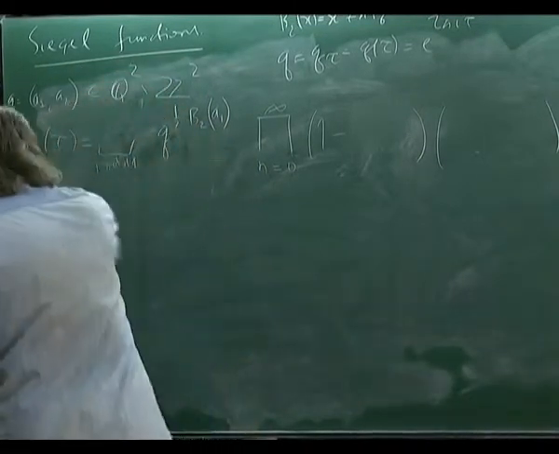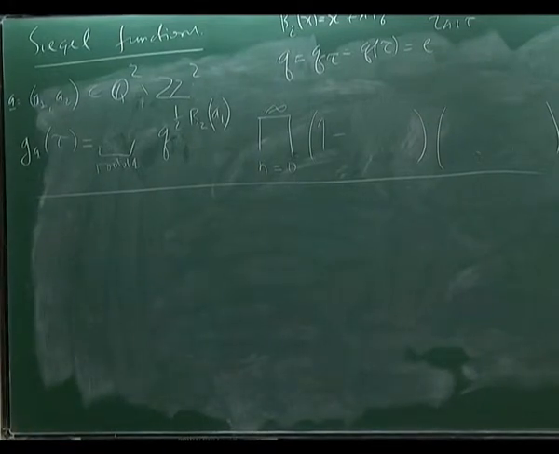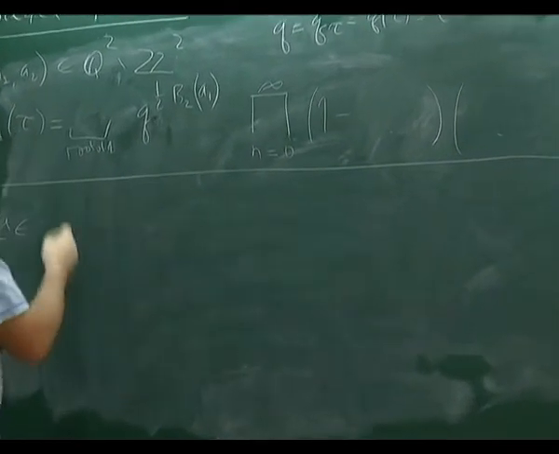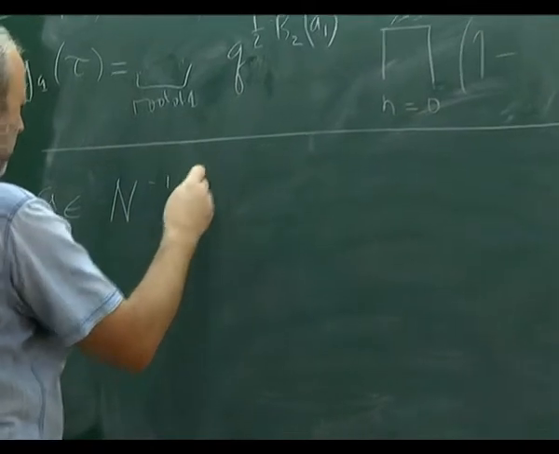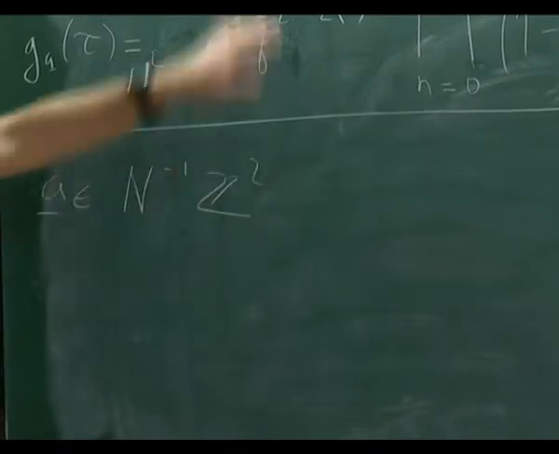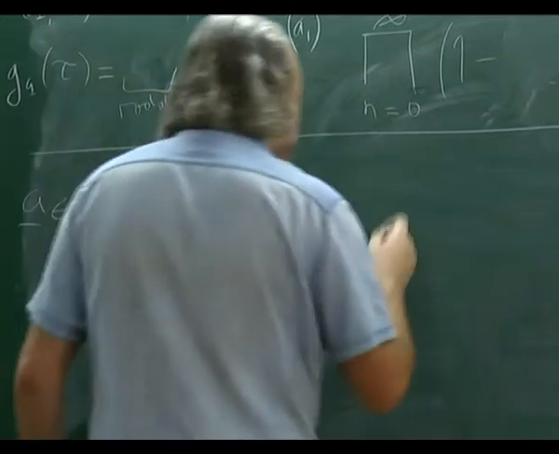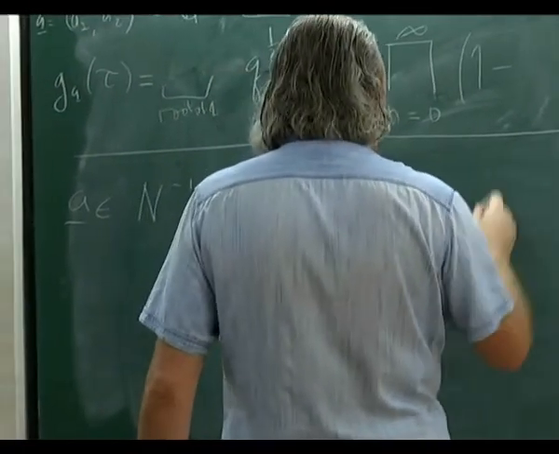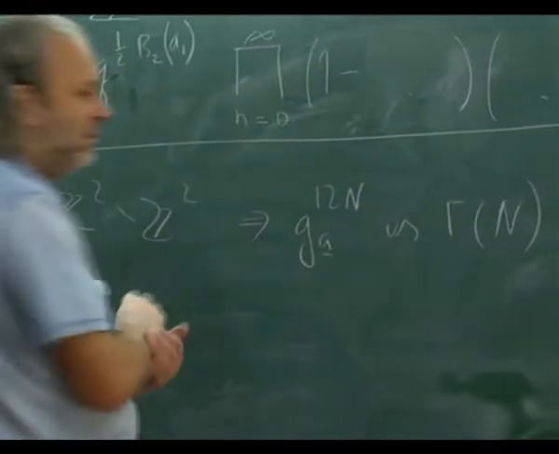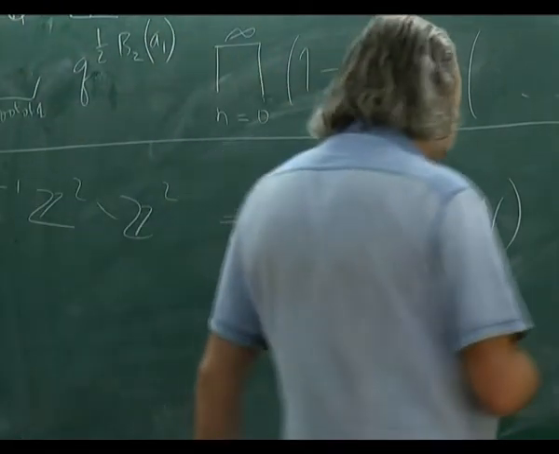And this function has a wonderful property that if a has denominator n, big N, well, again, I have to take away z squared. Then g_a to the power 12n is Gamma(n) automorphic.